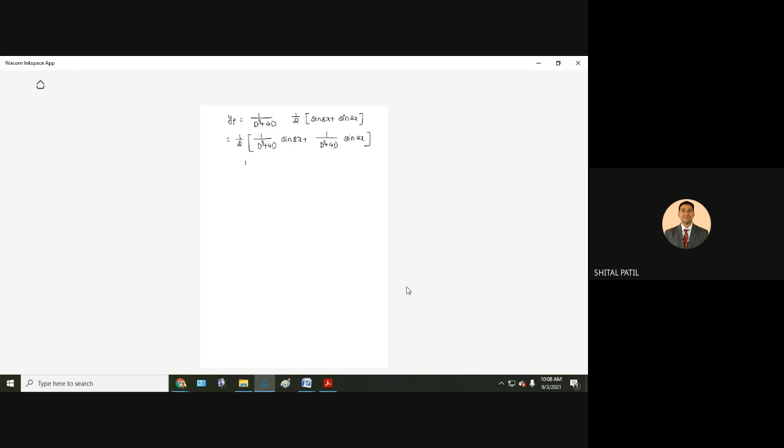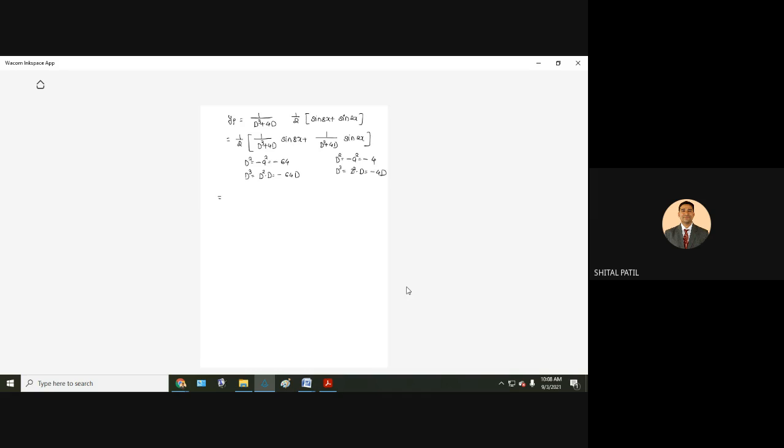In the first case, D square is replaced by minus a square, minus 8 square, minus 64. D cube equals D square into D, minus 64D. In the second case, D square is replaced by minus a square, that is minus 4. D cube equals D square into D, so minus 4D.